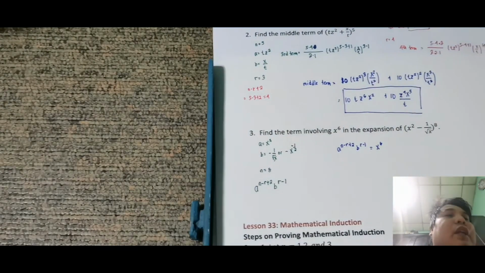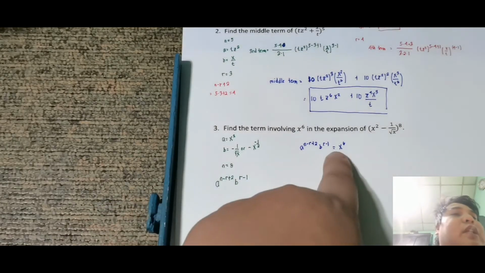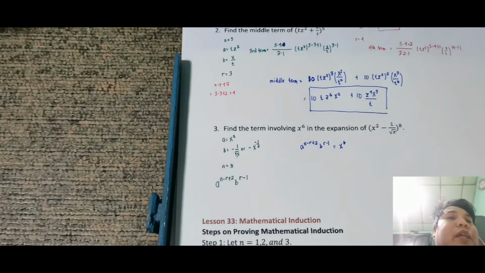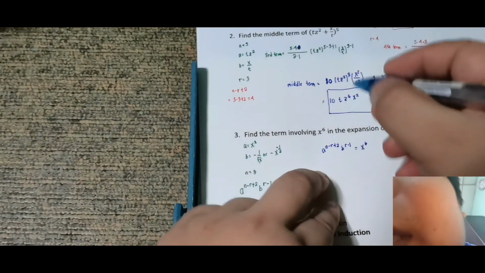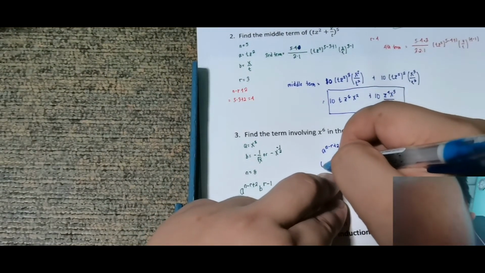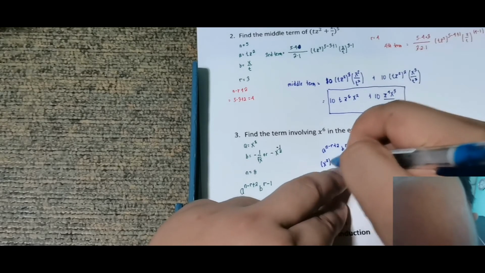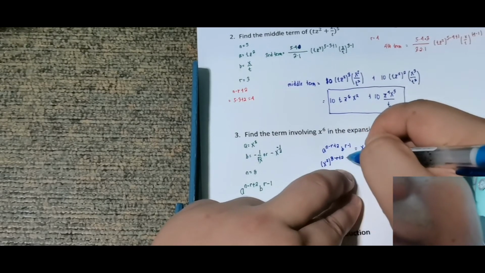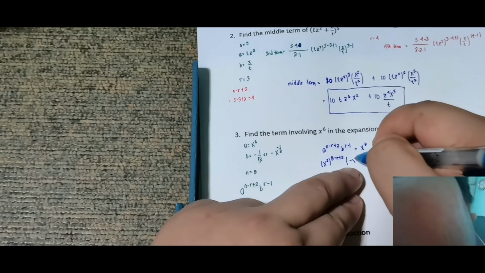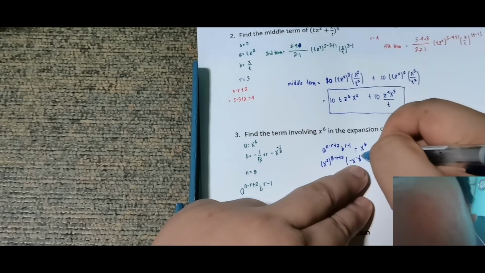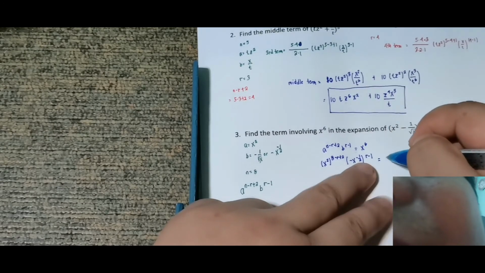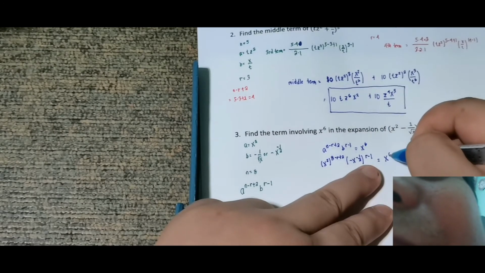Kasi hinahanap natin yung r. Okay, then, substitute natin a, yung n, tapos yung b. So, a natin is x squared. Yung n natin is 8 minus r plus 2. Then, yung b natin is negative x raised to negative 1 half raised sa r minus 1 is equal to x raised to 6.